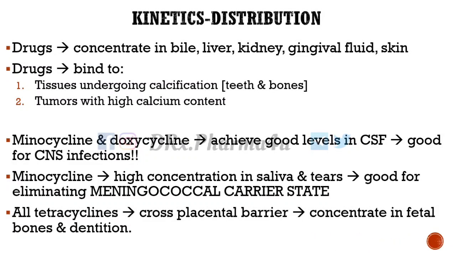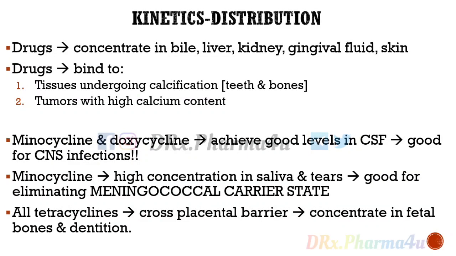Tetracyclines usually bind to tissues that undergo calcification. Calcification means which involves calcium. So that is why the tissues which undergo calcification are usually the teeth and bones, because they are rich in calcium. And that is exactly the reason why tetracyclines can cause dramatic side effects in the teeth and the bones, especially in children. It's not that it will cause this in all the age groups.